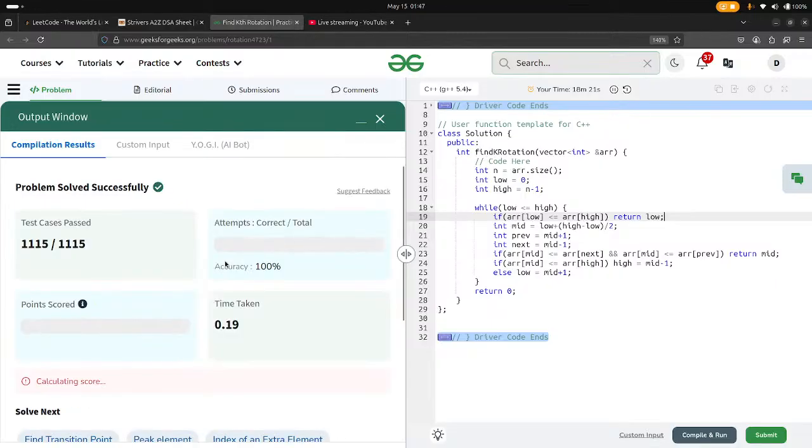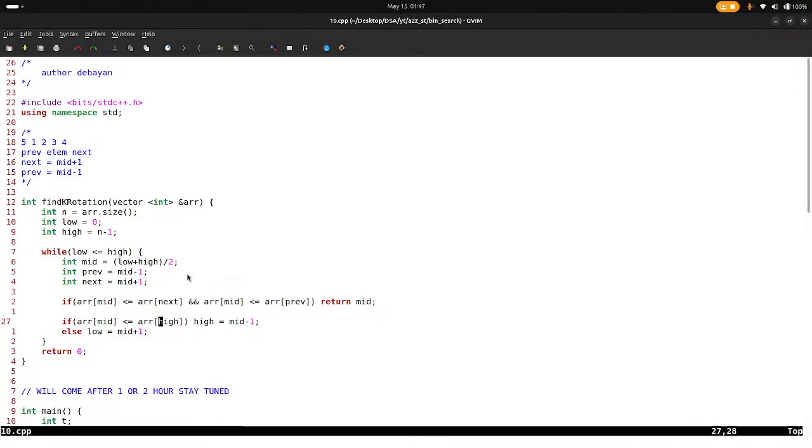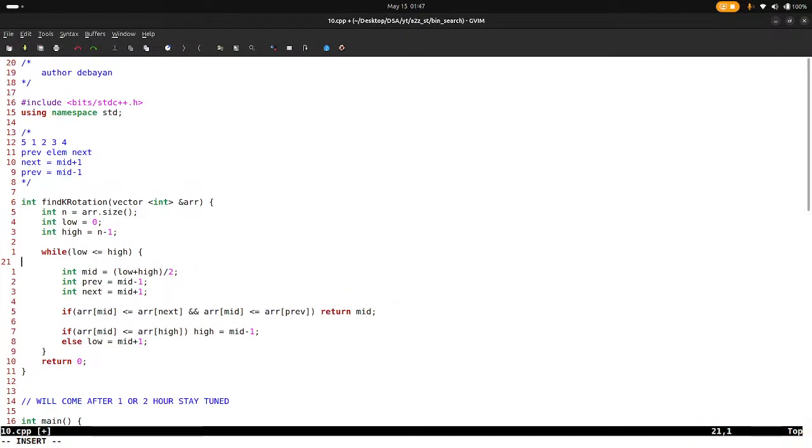Yeah, that was the test case I was missing. This was a nice problem. If array of low is less than or equal to array of high, it should return low. Makes sense?